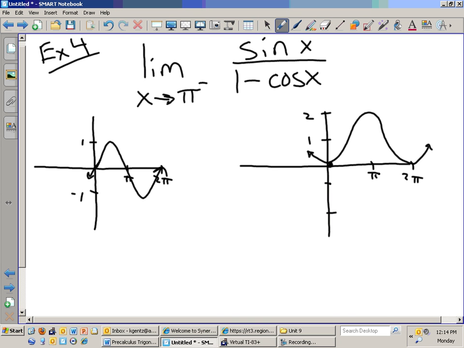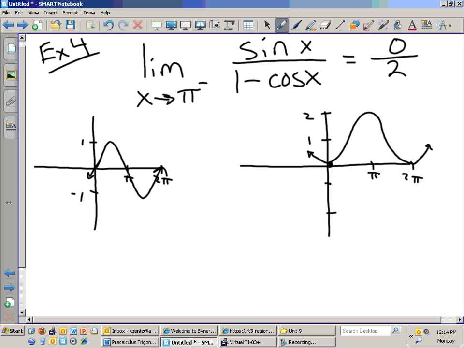And so sometimes having knowledge of the graph really helps. But as you think about it here really quick, if I were to take the limit as x approaches pi from the negative of sine of x, as I approach pi from the negative, what value does sine of x approach? 0. Over, and then let's look at 1 minus cosine of x. As you approach pi from the negative, you approach 2.